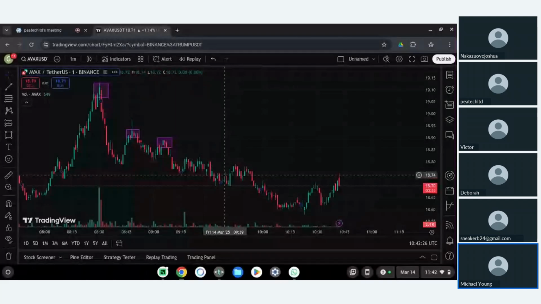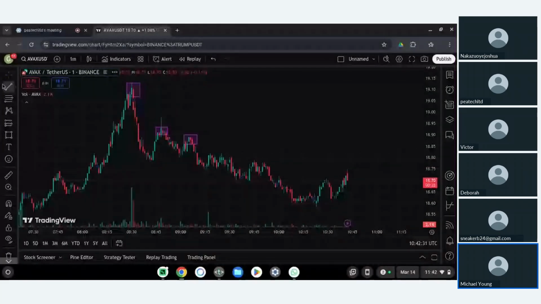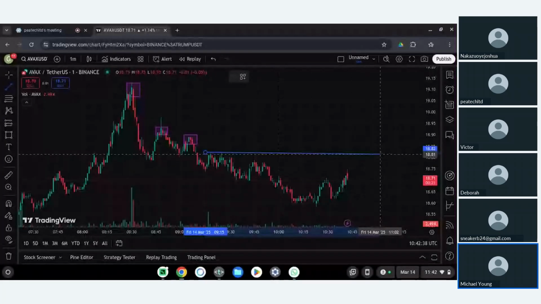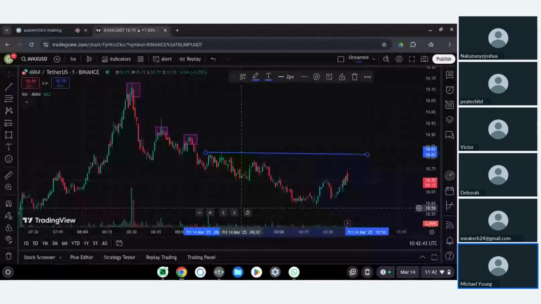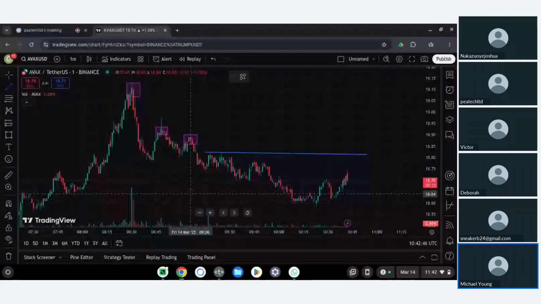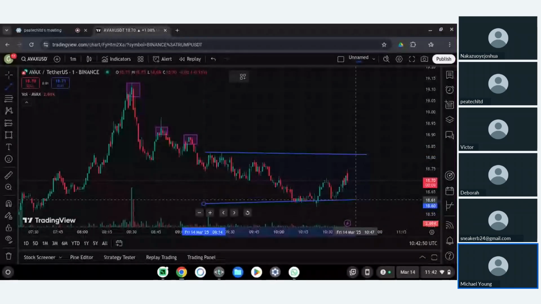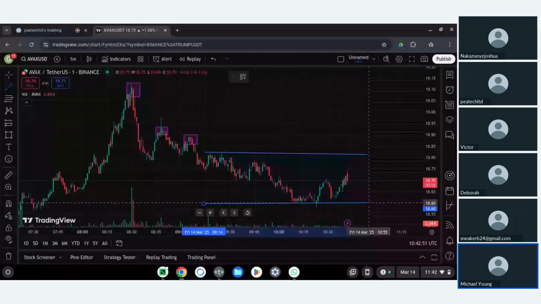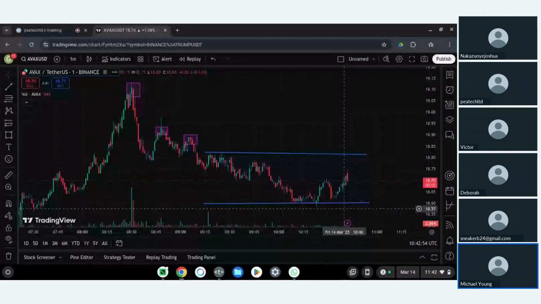So the market also went in a range at this point here. The market is still in a range here, and over here.